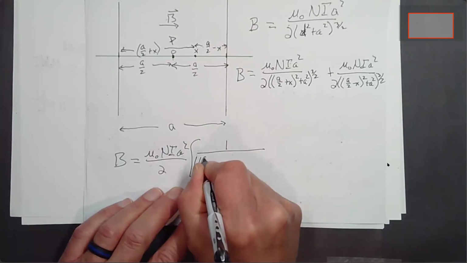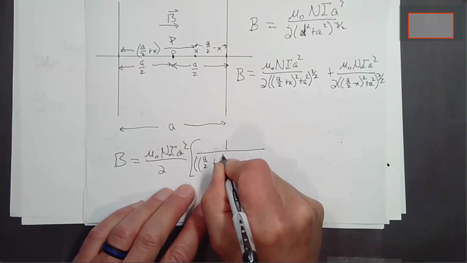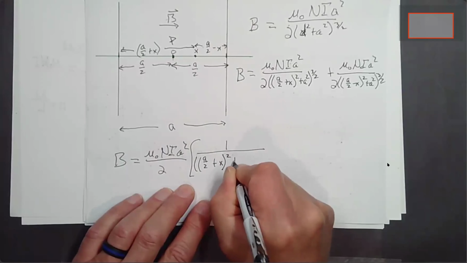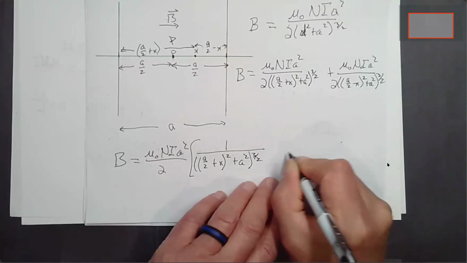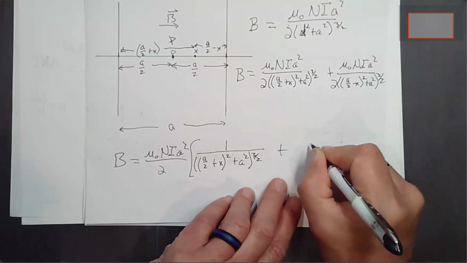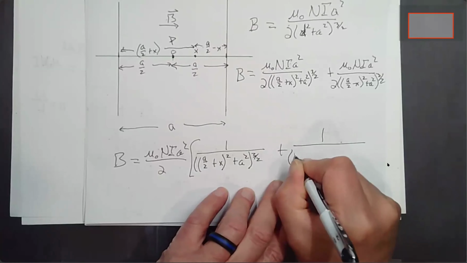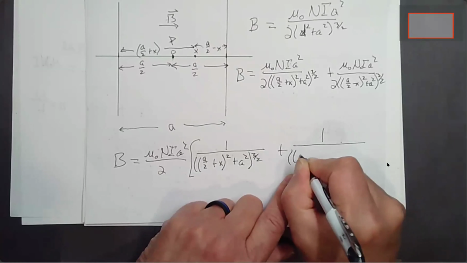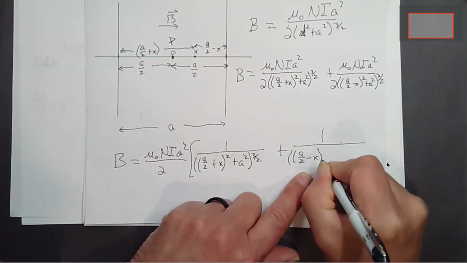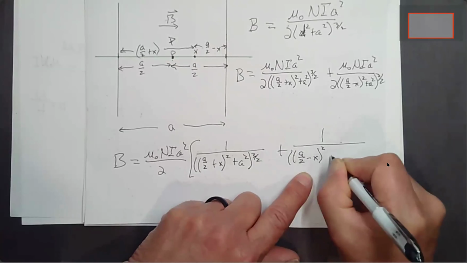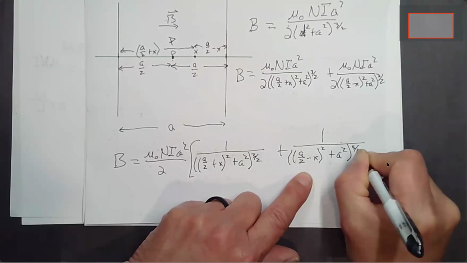I'll have 1 over (A over 2 plus X) quantity squared plus A squared, and that's to the 3/2. And then I've got this other term here, which is going to look like this. And I'm just trying to figure out a way to graph this thing right now. 1 over (A over 2 minus X) squared plus A squared to the 3/2.